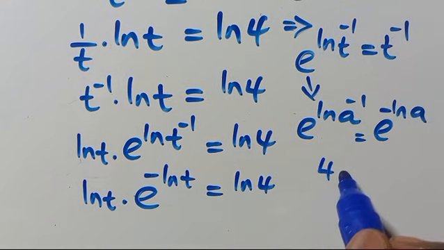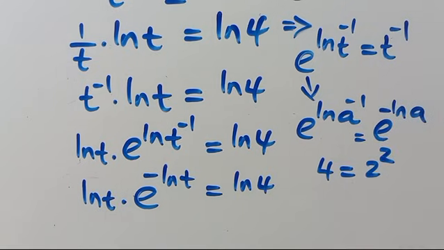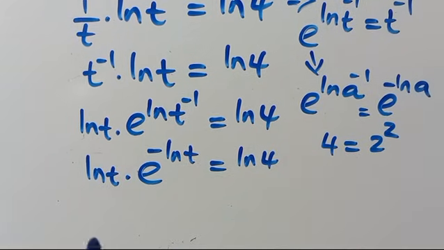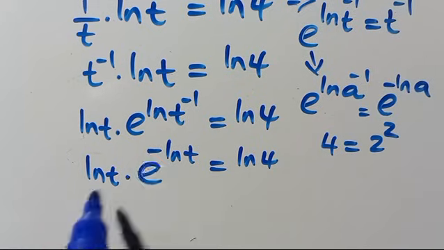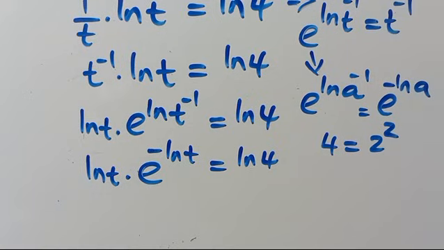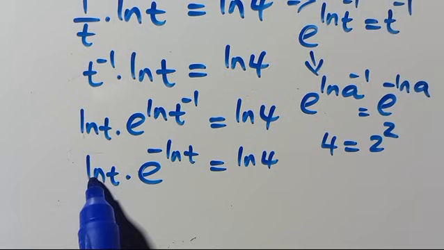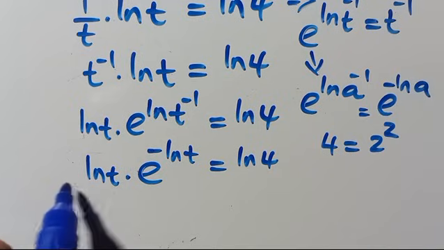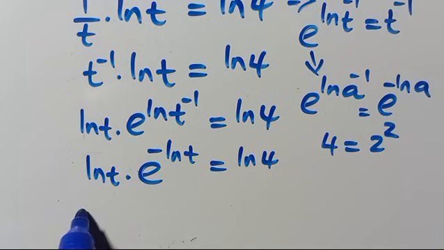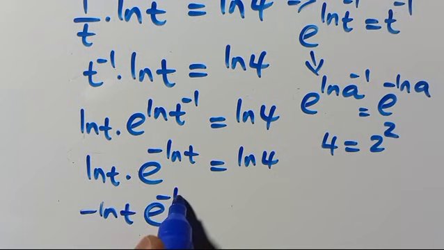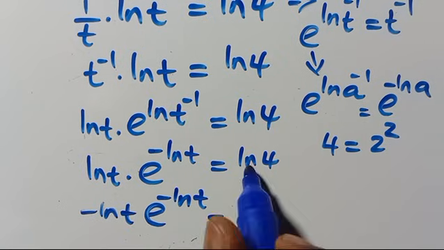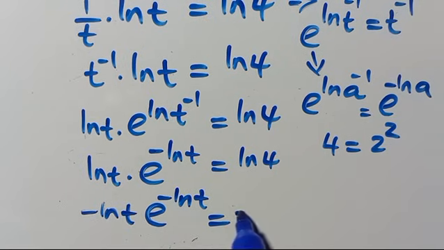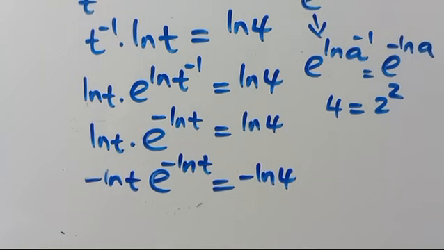Mind you, we can have 4 as 2 to the power of 2. Before that, we have negative here and positive here. We want to make sure that the base here is equivalent to the power that we have here. So let's multiply through by minus. Here will be minus ln of t times e to the power of minus ln of t equals minus ln of 4.